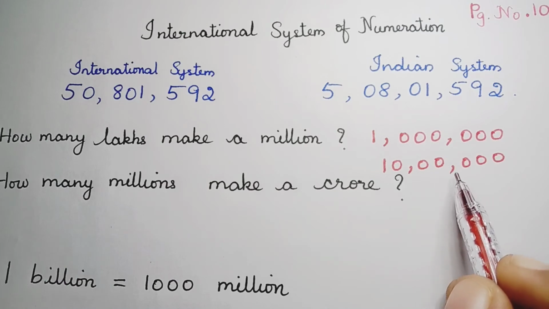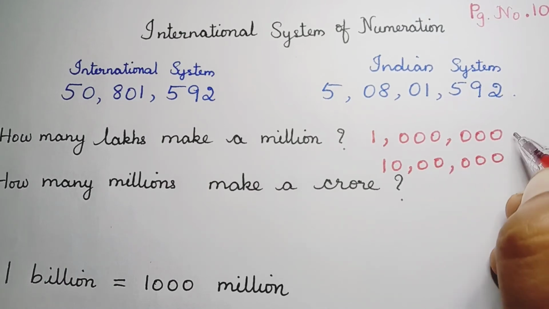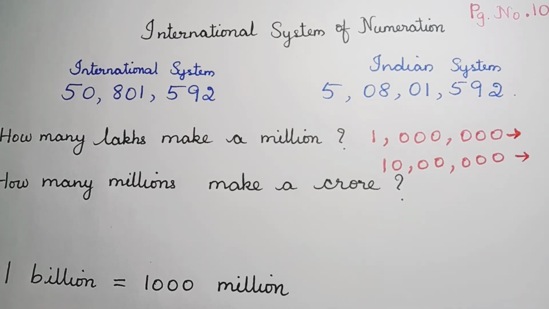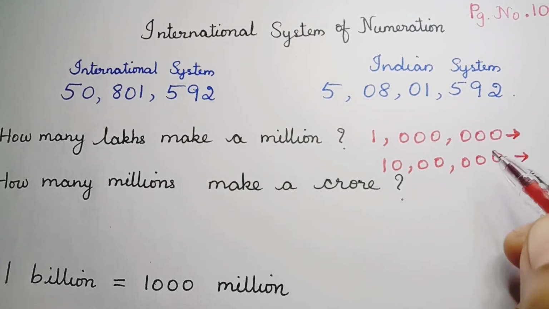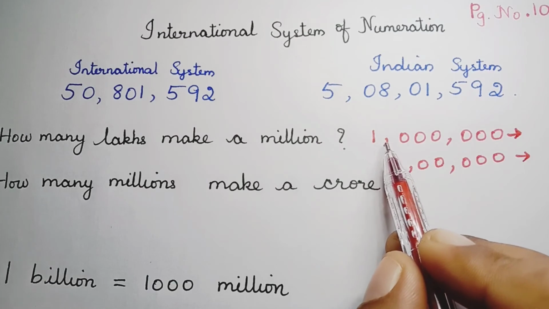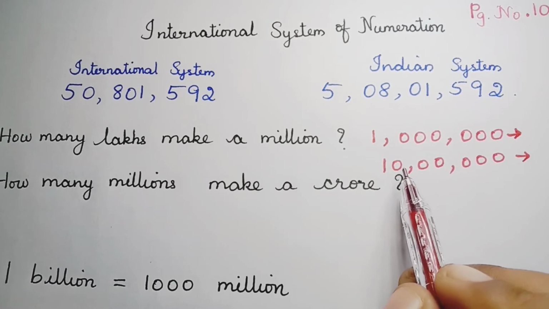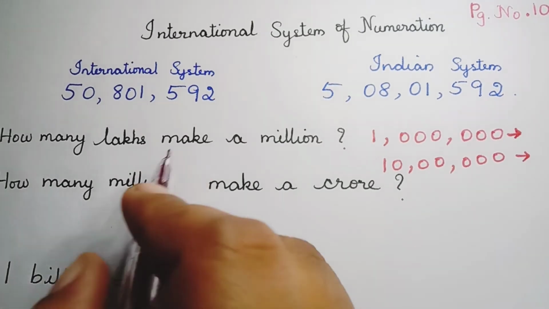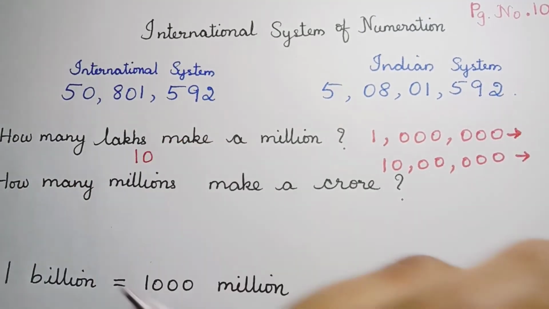Now you can tell how many lakhs make a million. This is the international system and this is the Indian system. Both the numbers are the same. So here you mention it as 1 million and here this is called 10 lakhs. So how many lakhs make a million? The answer is 10. Do you understand how to find the answer?